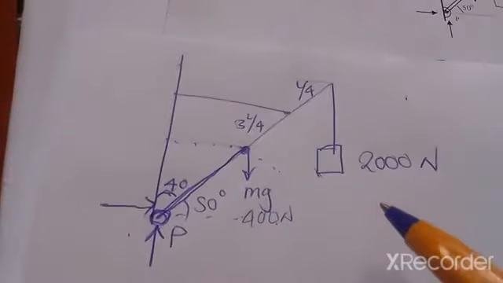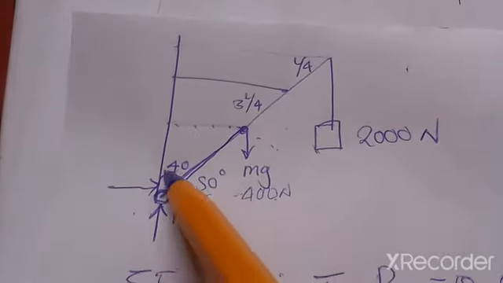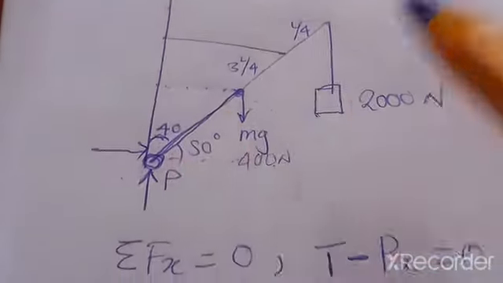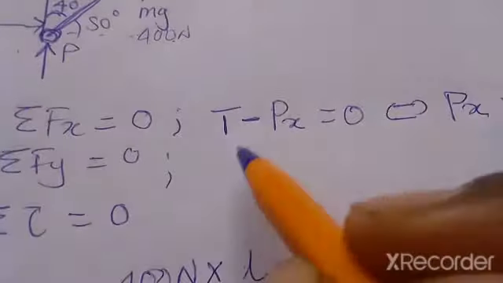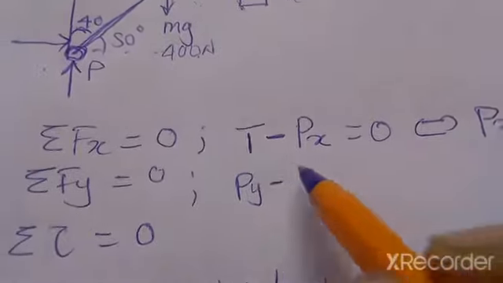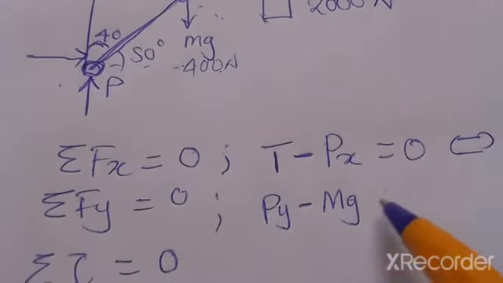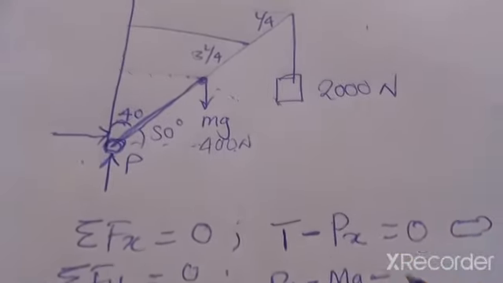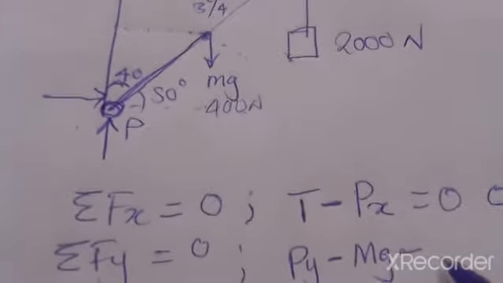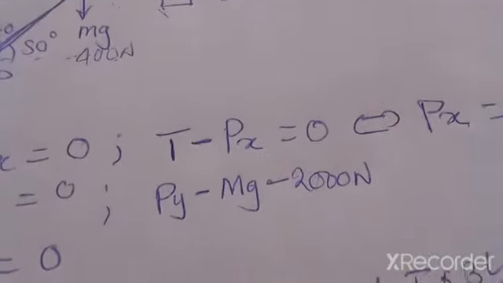Then the forces in the y-axis will have these two forces acting downwards and the force from the P acting upwards. So we'll have the Py minus the center of the weight of the boom minus the 2000 Newton weight.